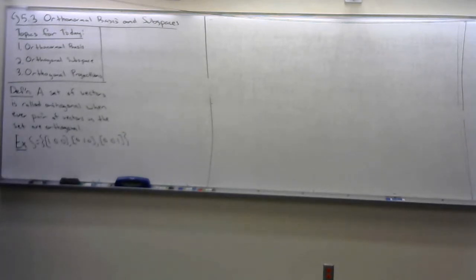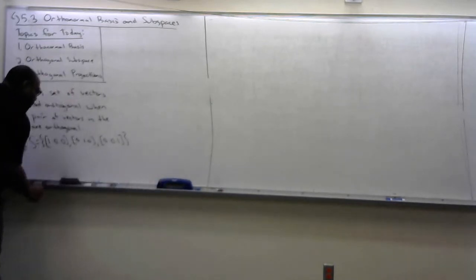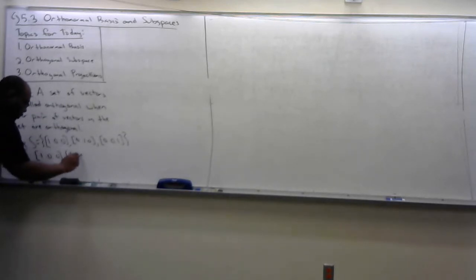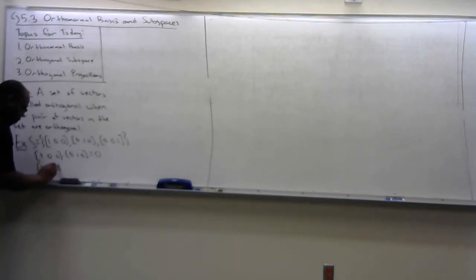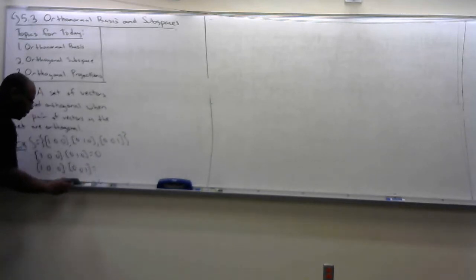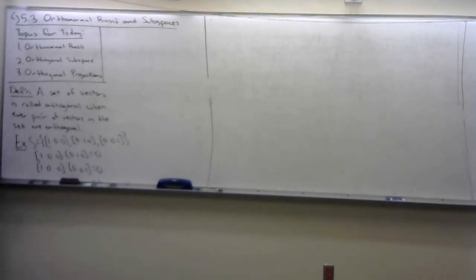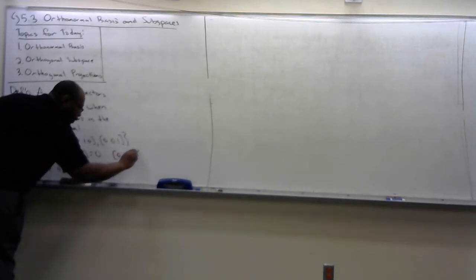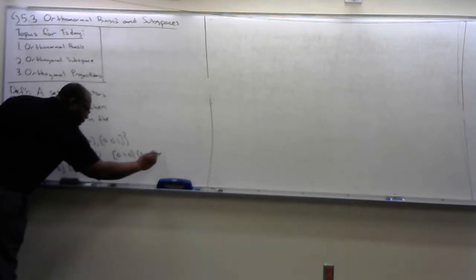However, what happens when I take the dot product of any of these vectors? If I take (1, 0, 0) dotted with (0, 1, 0), I get 0. And if I take (1, 0, 0) dotted with (0, 0, 1), that's 0. And the last one, (0, 1, 0) dotted with (0, 0, 1), that is also 0.